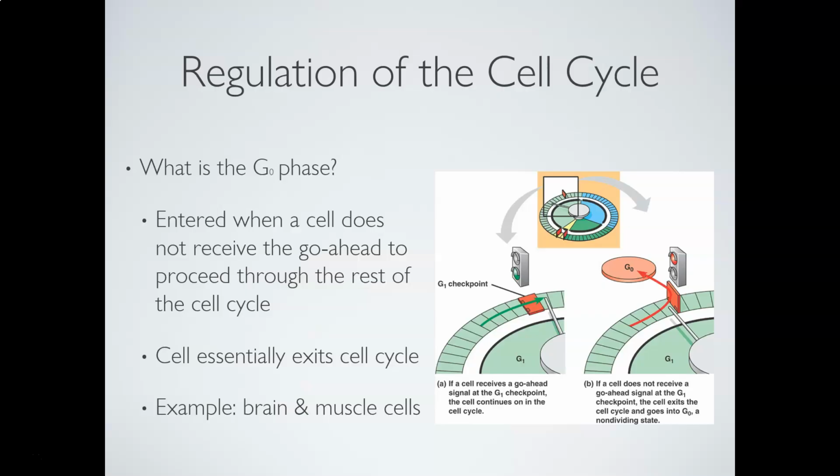Some of them will stay out for longer periods of time, like those muscle cells, and others may only hang out there for very short stints of time before they are ready to continue moving forward. So it's a constant check, hitting that G1 checkpoint, and then it's molecularly controlled, often genetically controlled, how long they end up staying arrested in that G0 phase.